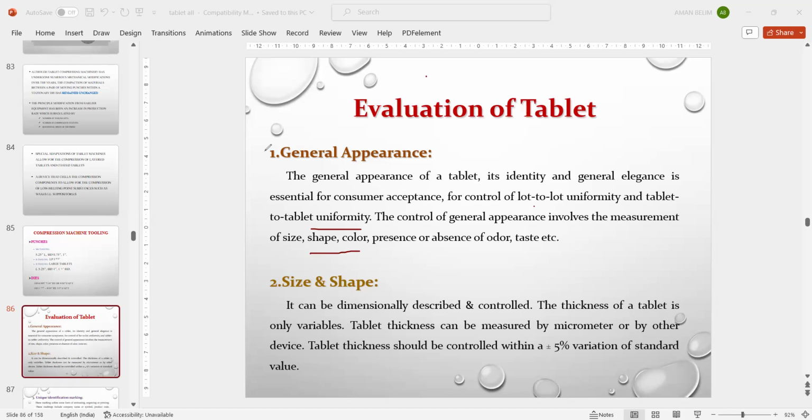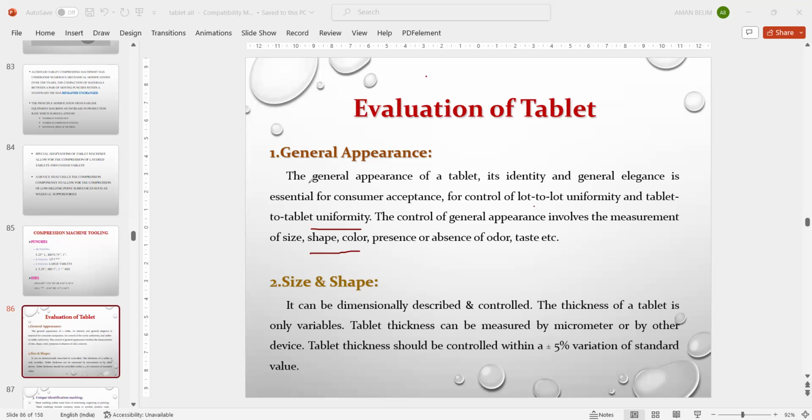And another synonym for the official test. In-process test, not in-process test. Pharmacopoeial and non-pharmacopoeial, right? The official tests are the pharmacopoeial tests, and the non-officials are the non-pharmacopoeial tests.